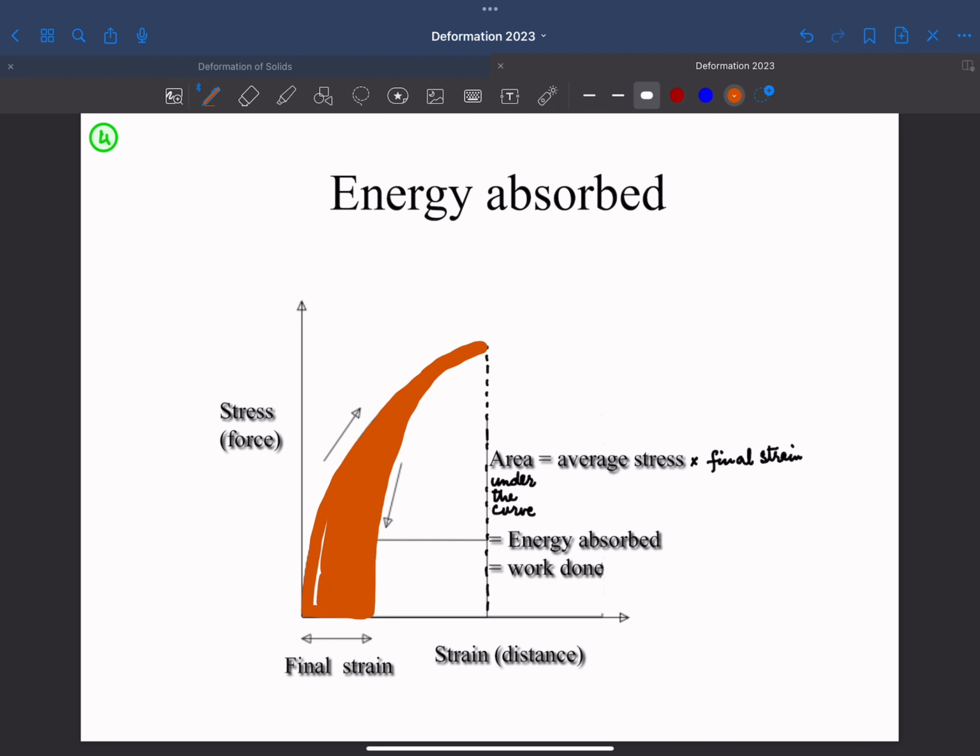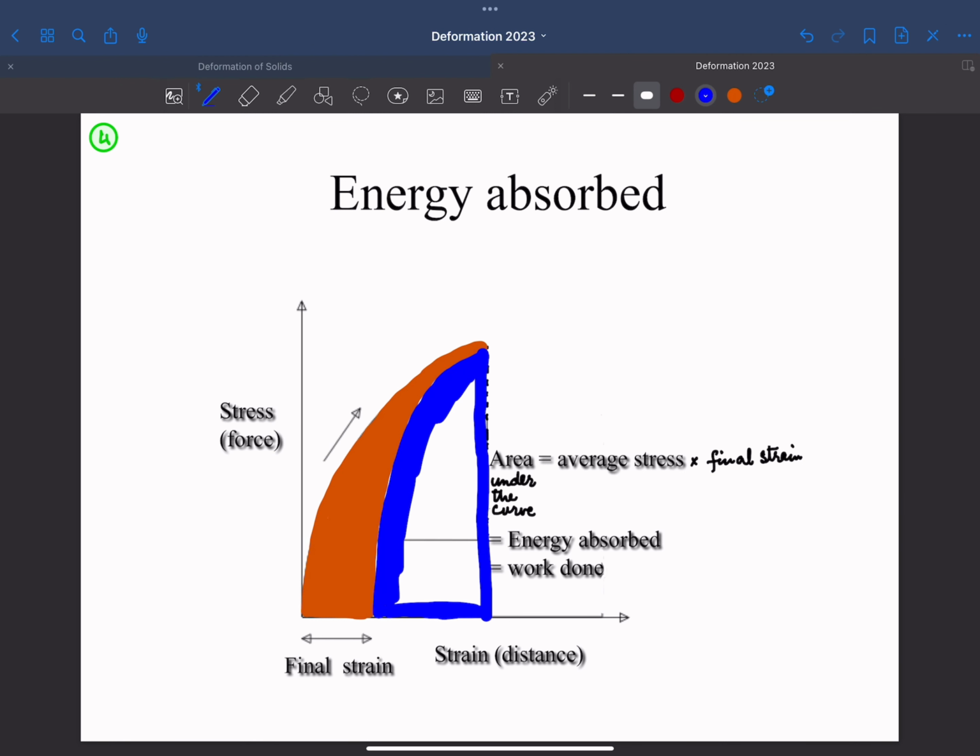So this is your energy absorbed, and here you have the energy recovered. When you take both of these areas together, this will be the complete work done on the system. So remember this point: when you have the total energy or total work done, when you are loading the system and when you are unloading the system, what is the situation?